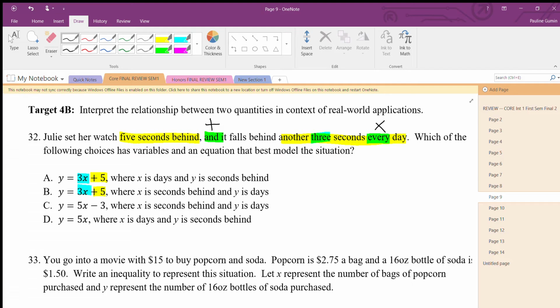So y, because it's right here, the result of adding, should be the seconds. So in this case, letter A works for us. X every day, right? You see that right here. Every day. X is the days. And Y is the seconds behind because that's our total.